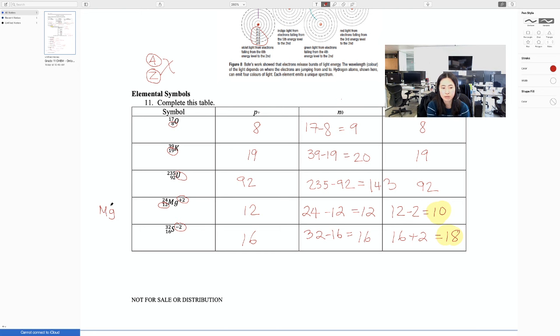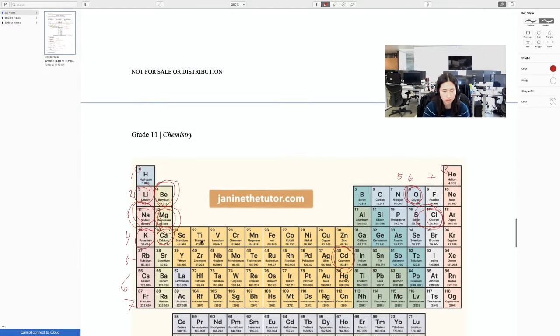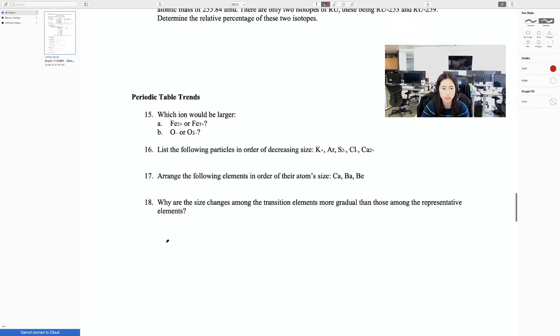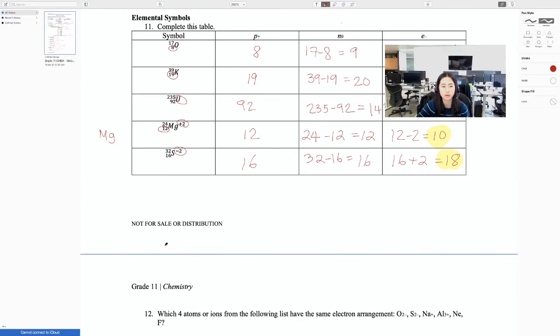So magnesium, if you recall, it's found in group 2. So it has atomic number 12, right? That means it has 12 electrons, right? Because it's a neutral atom. So 12 protons equals 12 electrons. So you have 12 electrons for the neutral state of magnesium.